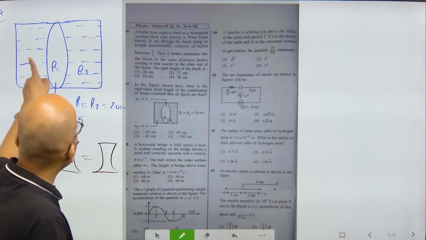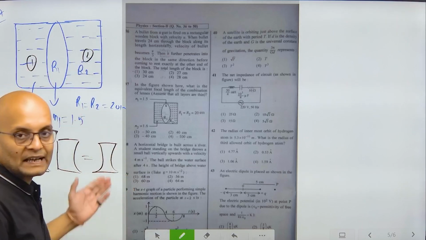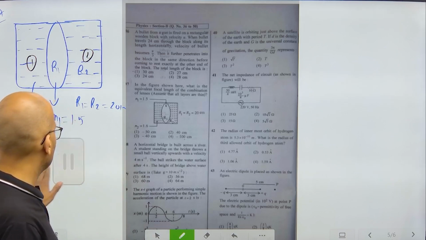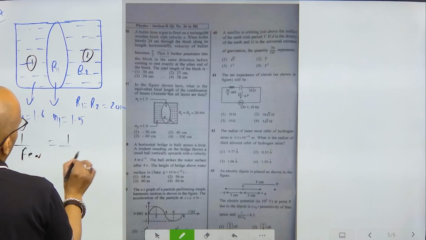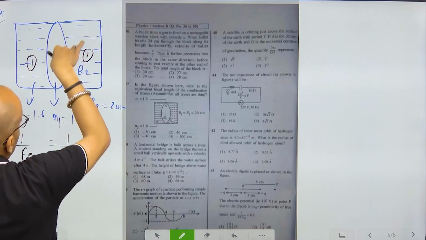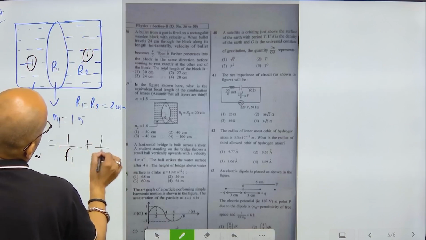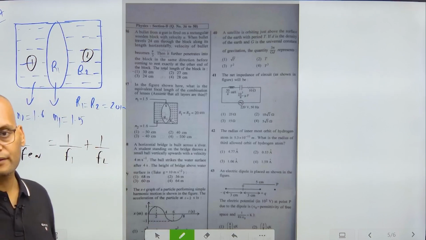So instead of considering these two as two plano-concave, take them as equiconcave. 1 upon f equivalent will be 1 upon f of this equiconvex lens plus 1 upon focal length of the equiconcave lens, right?